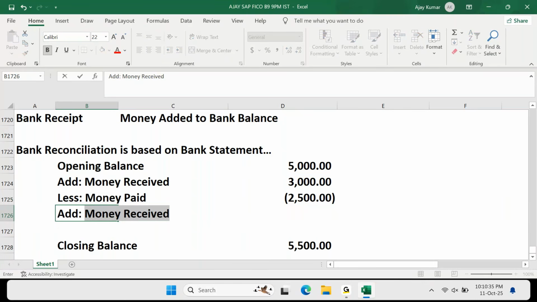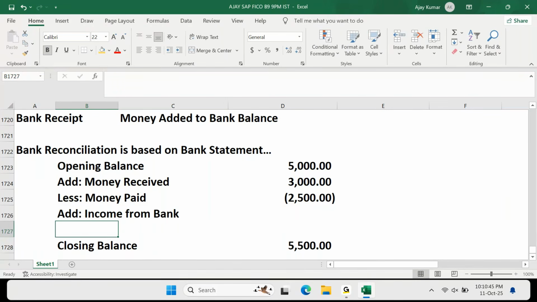Add income from bank, and then less charges from bank, right? Correct or not?